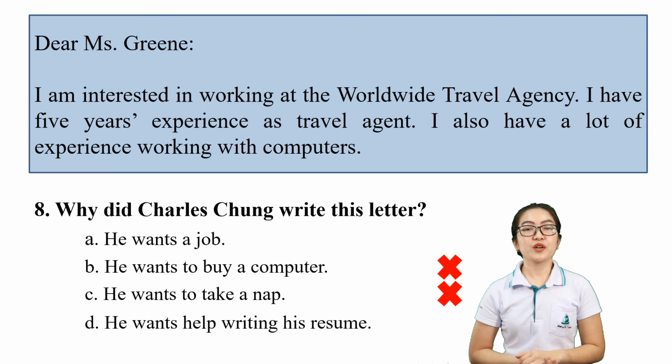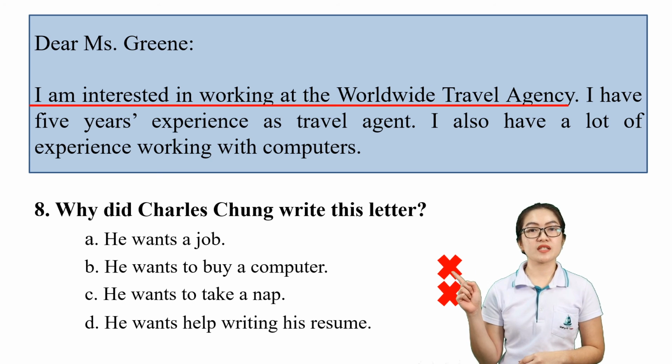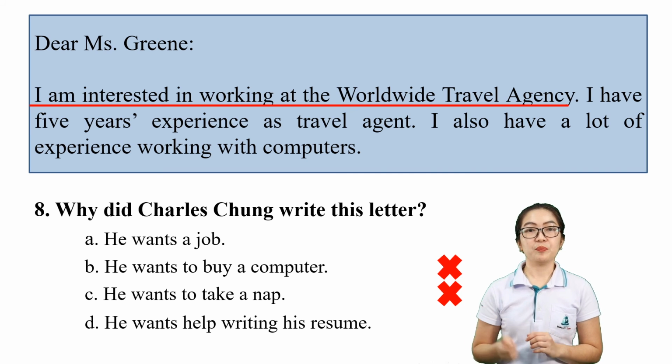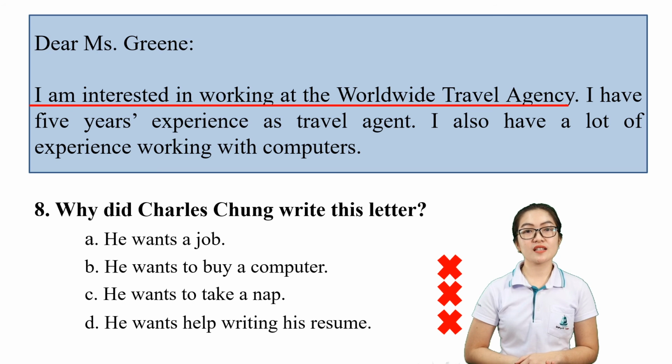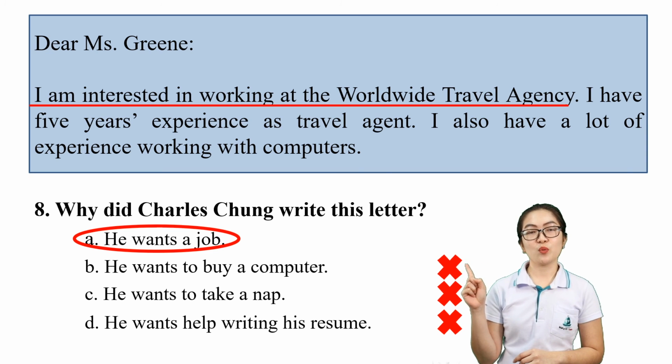Lastly, in the first line of the body of the email, the sender directly says he is interested in working at the Worldwide Travel Agency, meaning he has his resume ready for that. So letter D is out. And this leads to the answer, which is letter A, he wants a job.